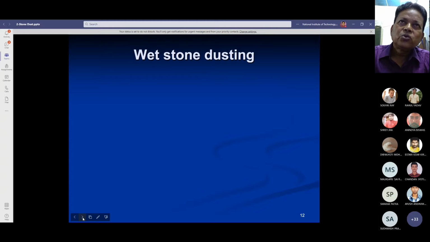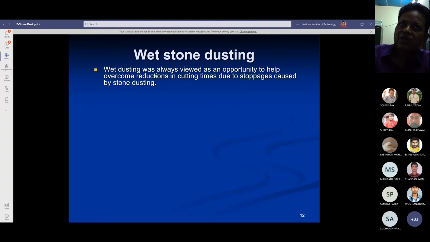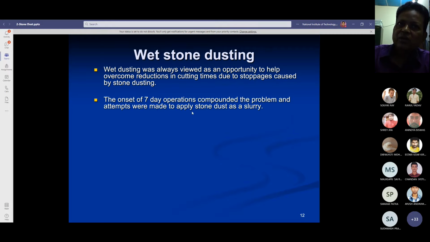So the stone dust can be applied by wet stone dusting using water. By using water, the stone dust can be wetted, which is called wet stone dusting. Wet dusting was always viewed as an opportunity to help overcome reductions in cutting times due to stoppages caused by stone dusting. The onset of 7-day operations compounded the problem, and attempts were made to apply stone dust as a slurry.